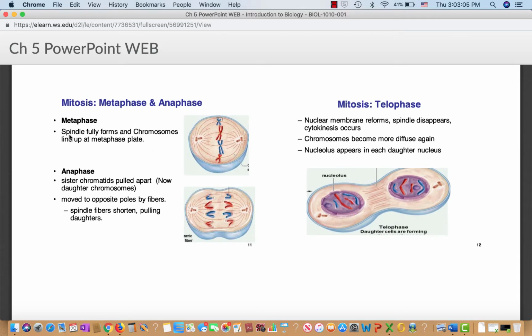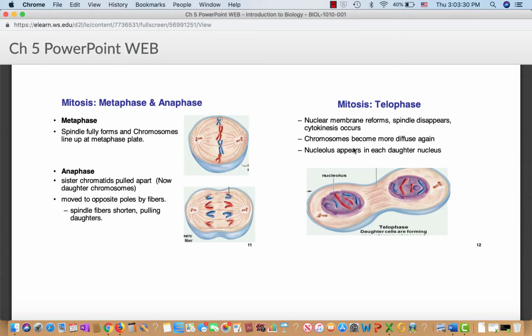So metaphase, you've got the spindle fully formed and the chromosomes line up at the metaphase plate right here. Anaphase, you pull the sister chromatids apart, which are now referred to as chromosomes, and they're moved to the opposite poles by the fibers. This is accomplished by shortening the fibers once you have attached them to the chromosomes.